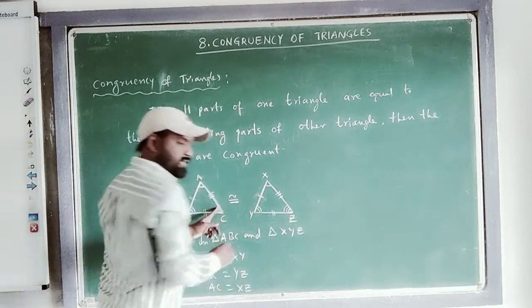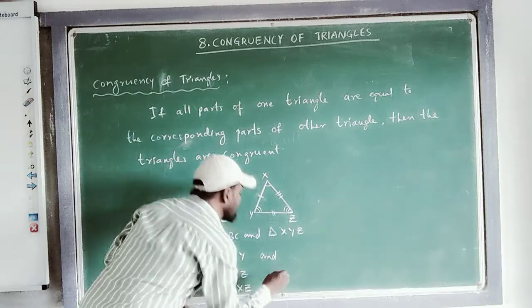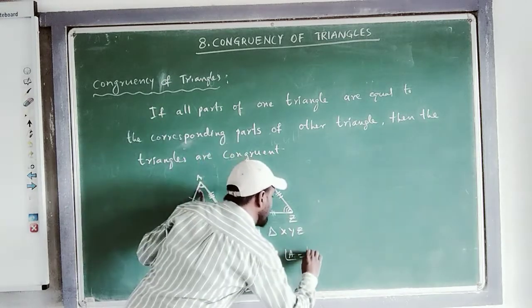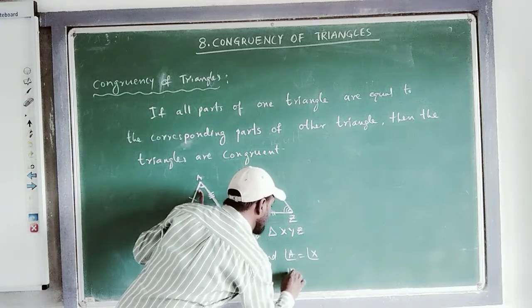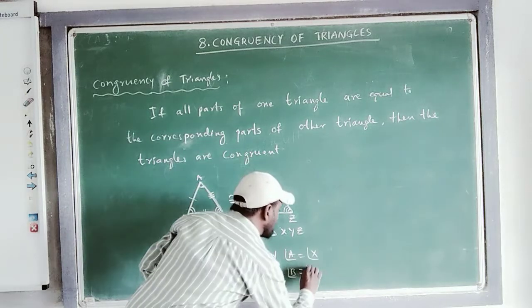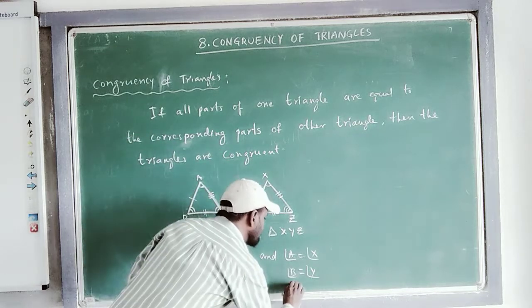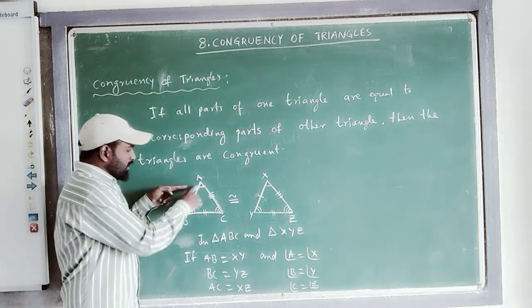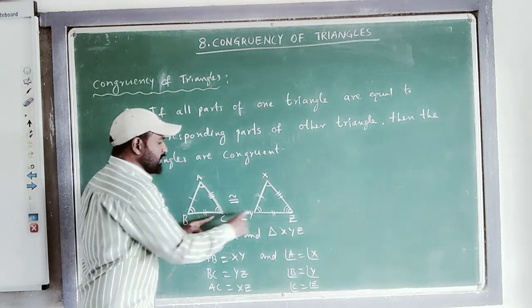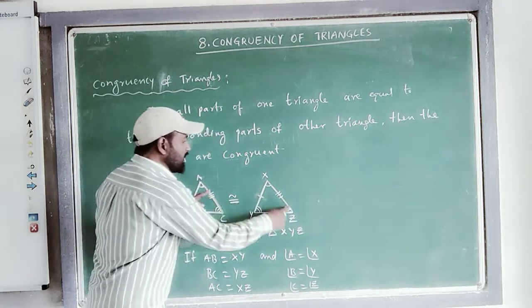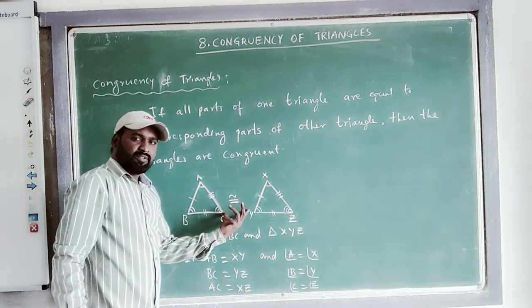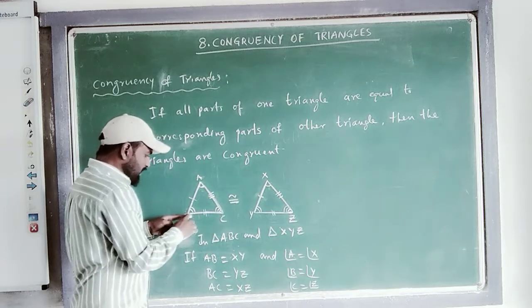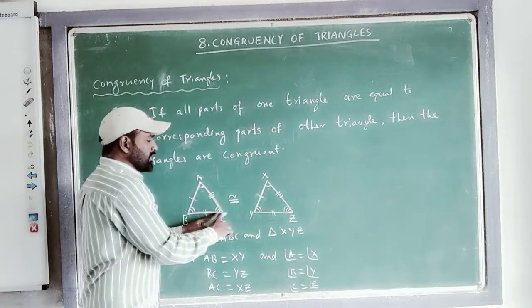These three sides and also the angles: angle A should be equal to angle X, angle B should be equal to angle Y, and angle C should be equal to angle Z. That means all the three corresponding sides of the two triangles and all the three angles are equal.